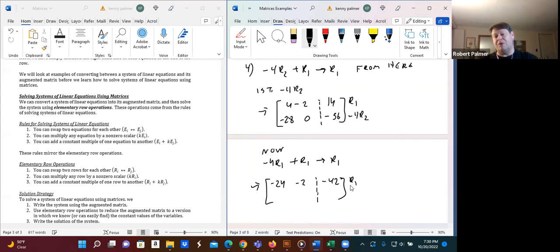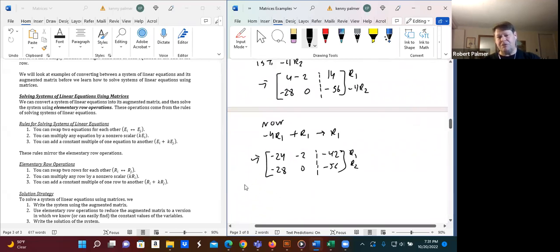Okay. And this becomes my new row 1. And now my row 2 is this: -28, 0, and -56. Potentially I would do some other operation on this new matrix, which, although it has different numbers, is still the same in the sense that in terms of a system of equations, I haven't changed anything. Okay. So that's the idea of row operations.